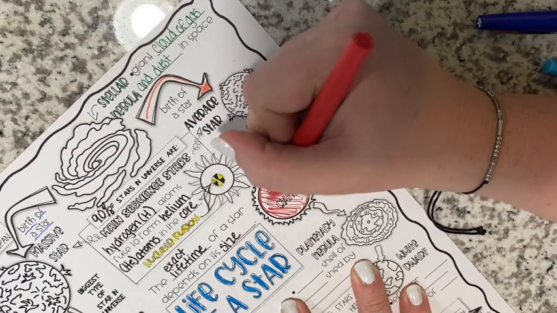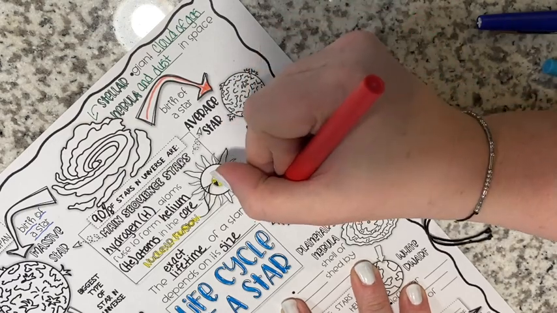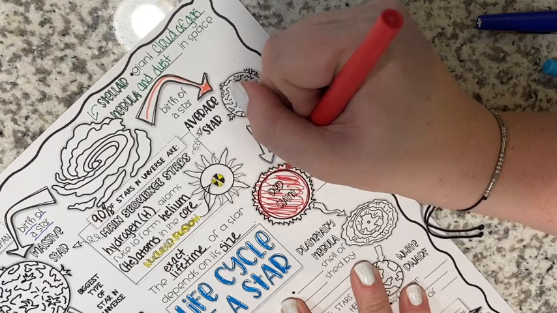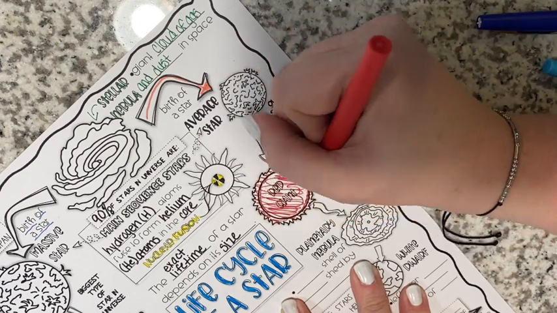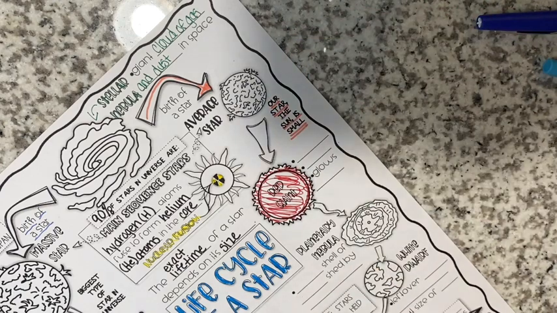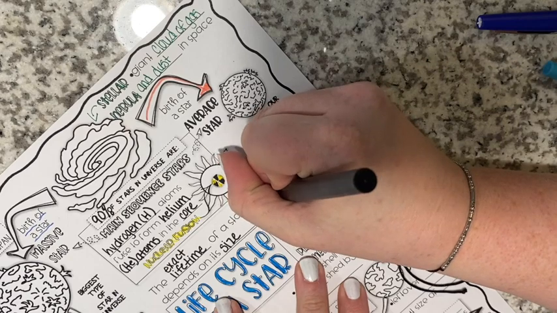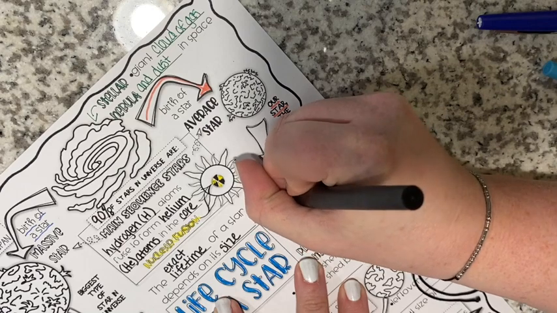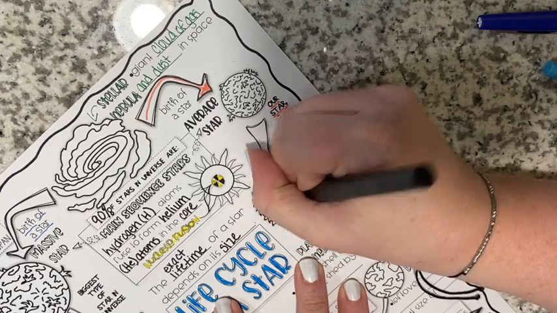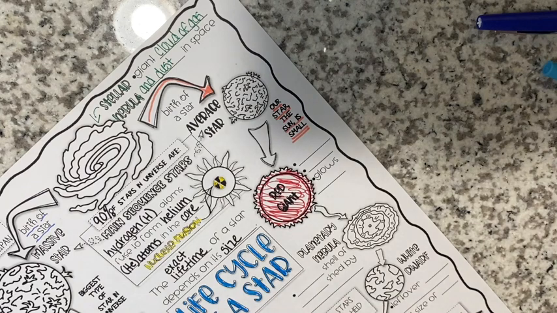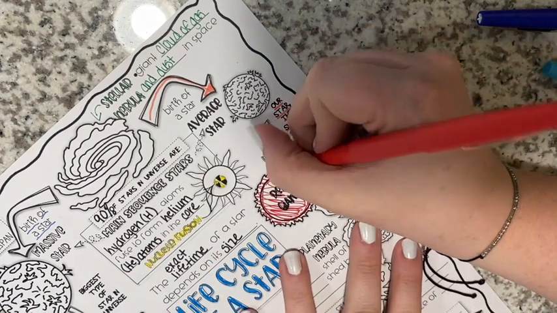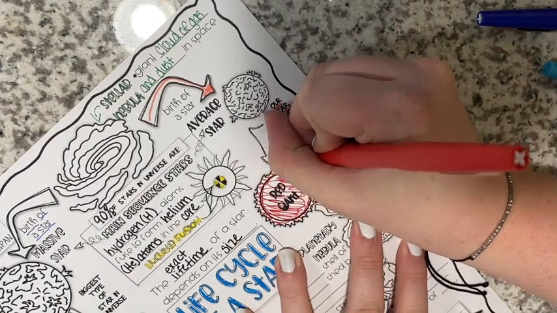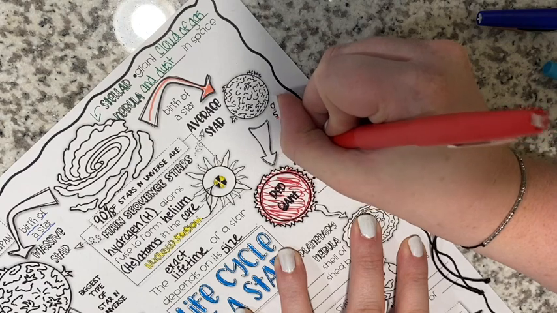Just like the red supergiant, the red giant glows red. Throughout the life cycle of a star, the star expands and cools. And as I mentioned before, the red giant will glow red.